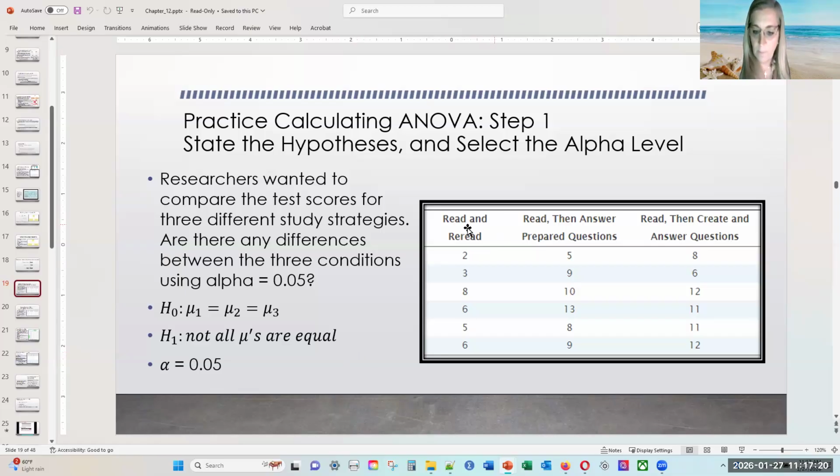And we have a read and reread strategy, a read then answer prepared questions strategy, and a read then create and answer questions strategy. All right, so we want to know if there are any differences between these 3 conditions, and our alpha level will be 0.05. And remember, the null says that all the group means are equal, and the alternative hypothesis is that not all the means are equal.